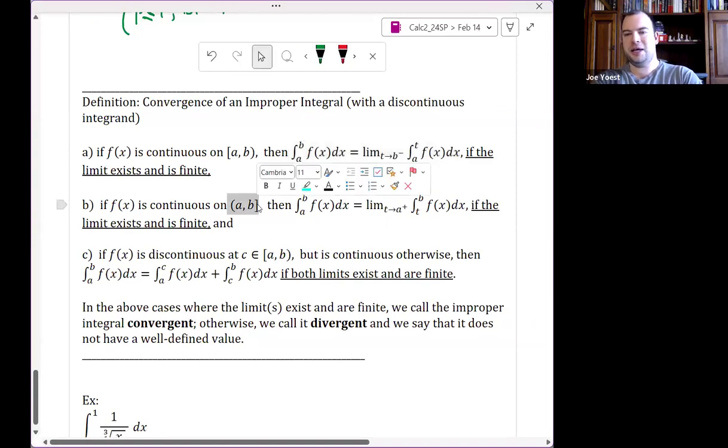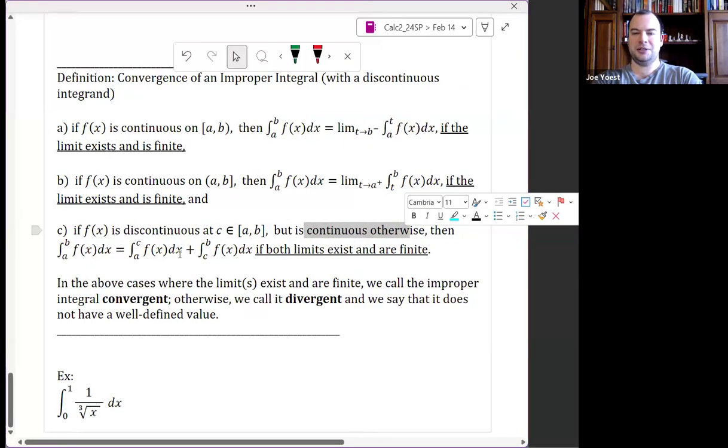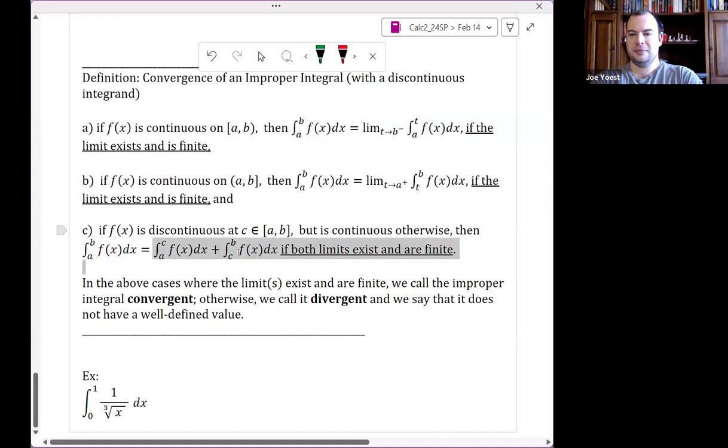If we have the problem point at a, we do a very similar thing. We integrate from t to b, and then take that limit as t goes to a from above. And that should be closed to be there. If f is discontinuous at some point c in the closed interval a to b, but it's continuous otherwise, then we break at the point of discontinuity.